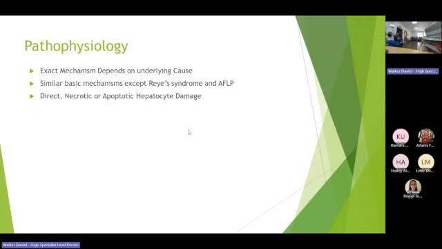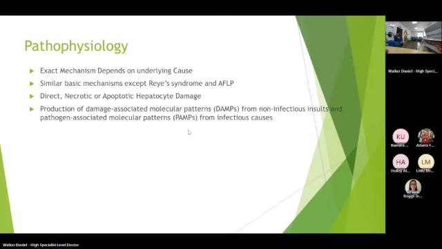So either necrotic or direct damage to the hepatocytes, or also as a result of the inflammation and damage, the cells undergo programmed cell death, so apoptosis. And then you get the production of molecular patterns from either non-infectious or infectious causes.